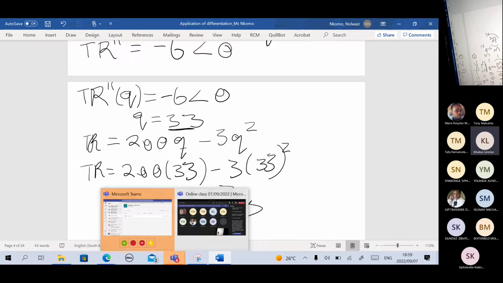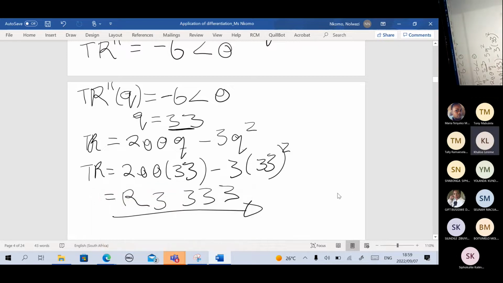Just one question from my side. In terms of maybe an assignment or an exam, how will this question specifically come across? How will they ask the question? Sometimes I think that's where I get lost, just the wording. It's either determine the maximum total revenue, or the quantity that can be sold at maximum total revenue, or they'll just say maximize the total revenue.